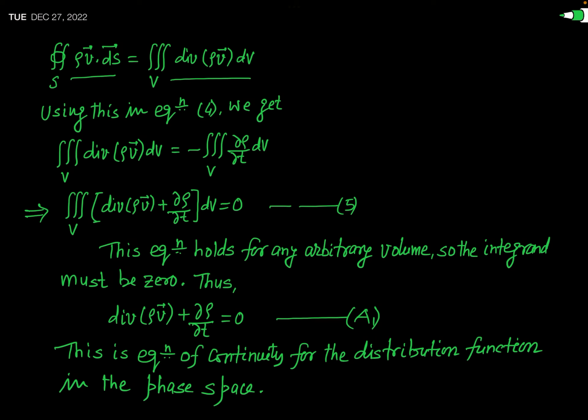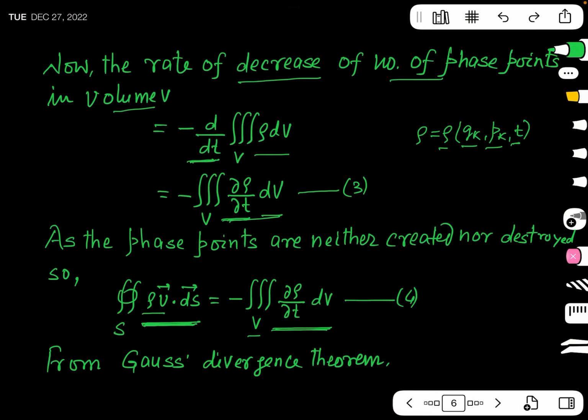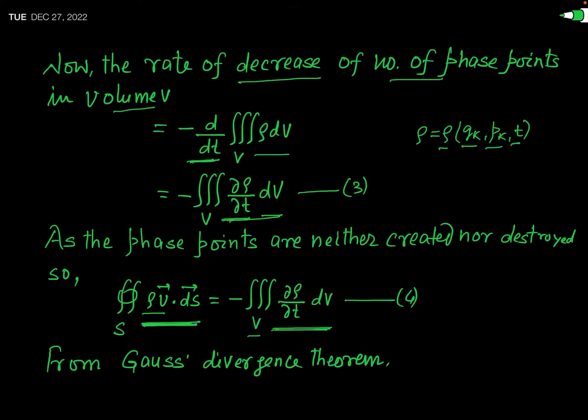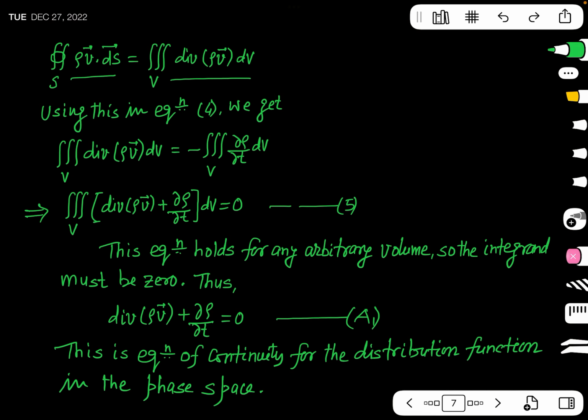Okay, in this equation number 4, the surface integral in the LHS can be replaced by its equivalent volume integral, and after that what will be our result? You can see it here.